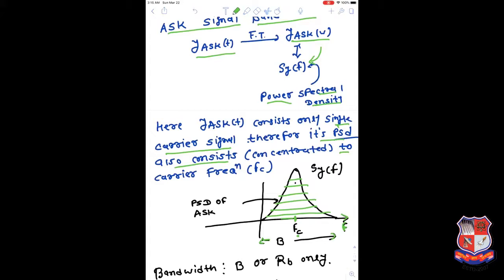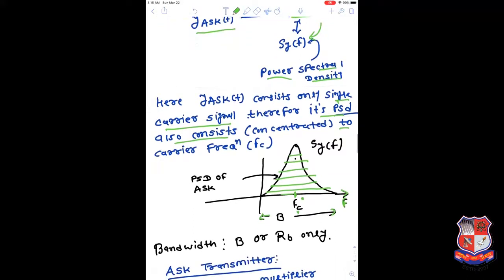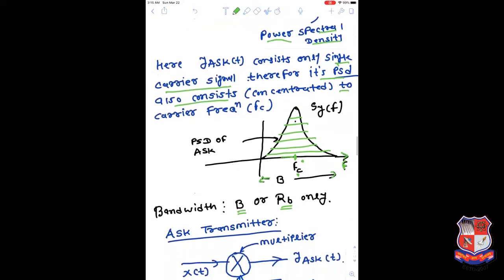And one is represented as square root of 2 EB by TB cos omega Ct, and 0 is represented with 0. So the power spectral density is concentrated at the carrier signal frequency Fc, and the bandwidth is small over here, that is simply RB, or the minimum you can define as B.